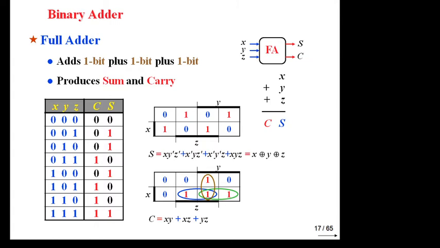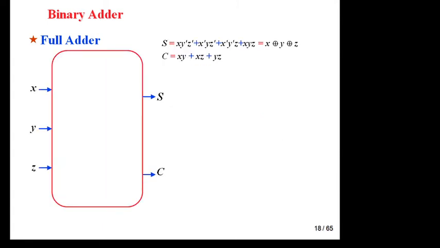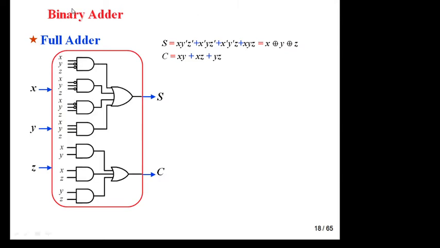Okay, now you have to draw the circuit. This is your circuit. First draw it with the help of logic gates, simply NOT and OR gates. This is a 3 input OR gate. Otherwise, you can directly use the XOR gate instead of this.